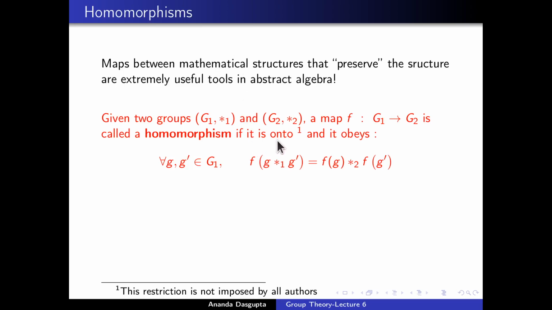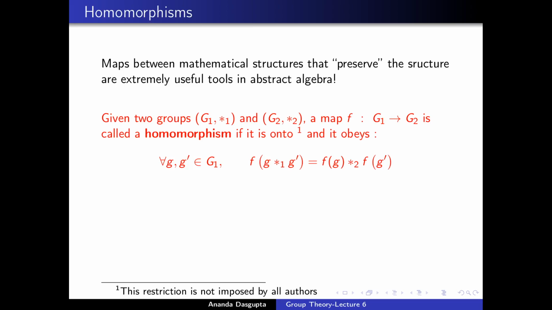Now, at this point, let me also emphasize that the restriction that a homomorphism has to be onto is not a universal one. Not all authors impose this particular restriction. However, we are going to insist on a homomorphism being onto simply because it makes it easier to state a lot of theorems that we will have occasion to state later.